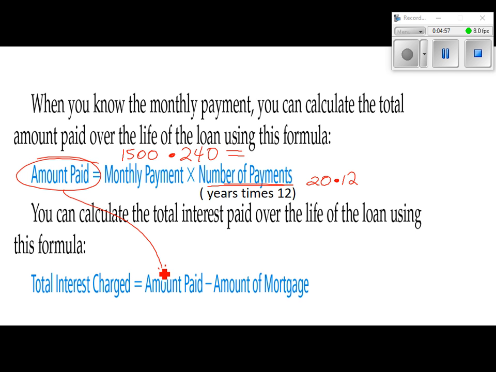So whatever that number is that you just got from doing that work, then if the amount that you took out in loan for the house was $125,000, you subtract those two, and that'll tell you the total interest that you were charged over the life of that loan, whether it was for 20 years, 30 years, 15 years, however long the loan was.